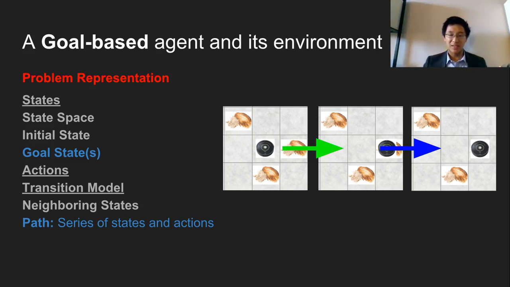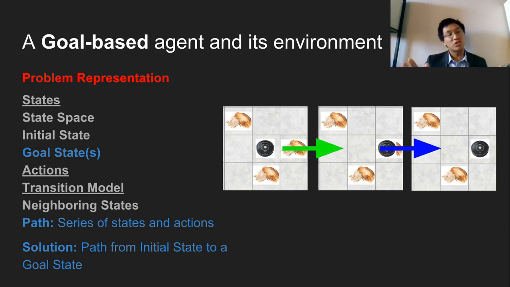And so we might say that this path is 2 actions long or 3 states long. Some people define it in one or the other way. But that's essentially what a path is, just a series of states and actions that lead from one to the next. And so what we're looking for, our solution, is a path from the initial state to a goal state.